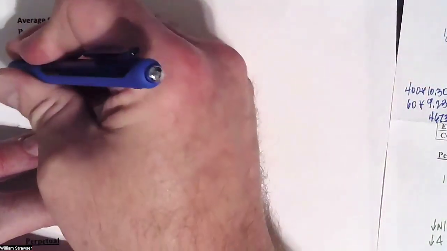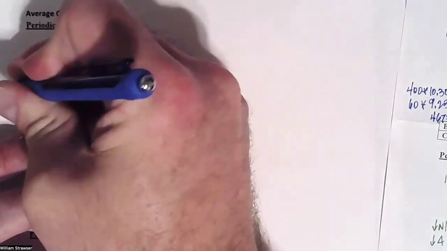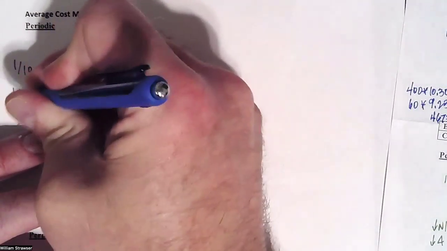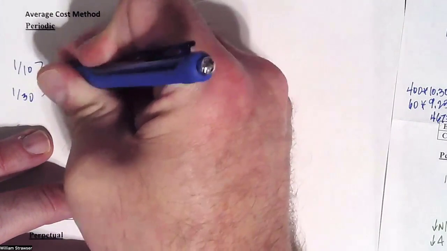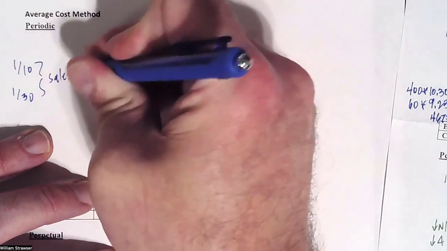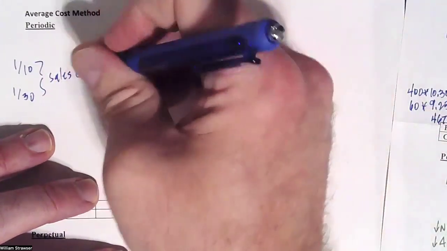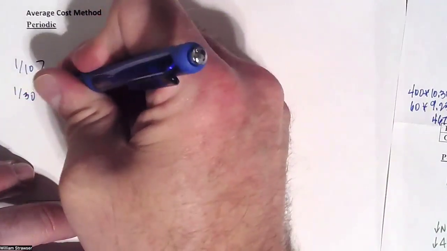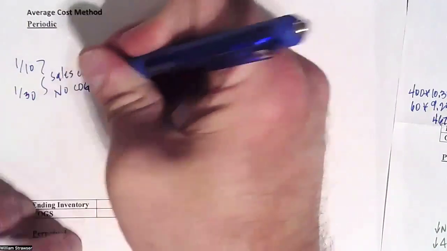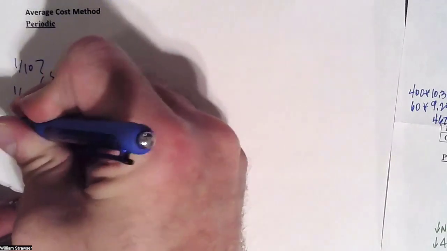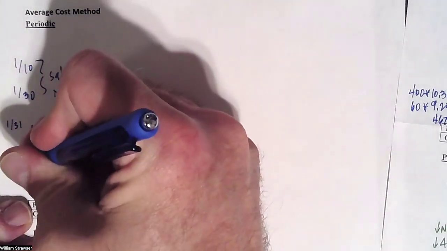So, of course, our entry begins with that part because that's typically the first piece that I do. Remember, of course, the sales entries would be at 110 and 130. And then we would have no cost of goods sold update at this time because we're waiting to do that all at 131 for my cost of goods sold entry.